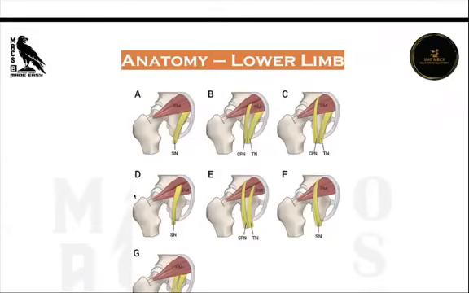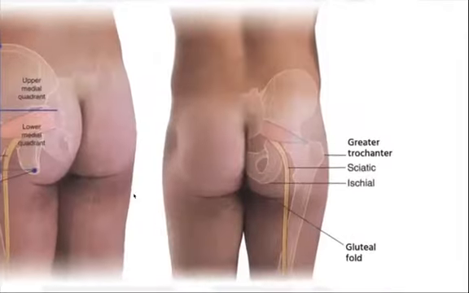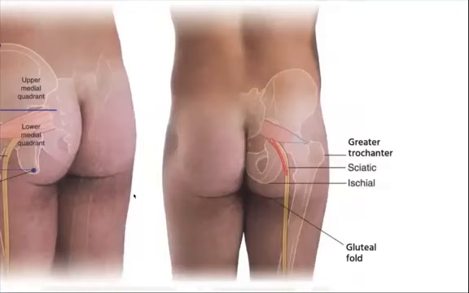And it descends down from the gluteal region to the posterior thigh. Okay, if you can see in this picture, yes. So it will descend first of all inferolaterally under the cover of the gluteus maximus muscle. Suppose you can have this gluteus maximus here.